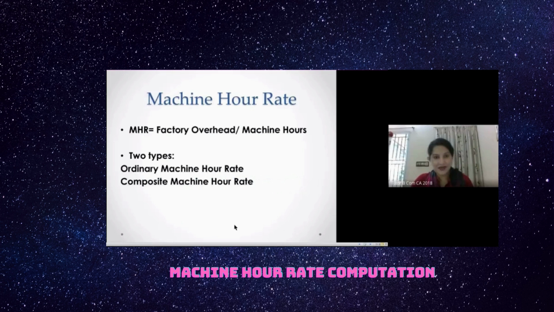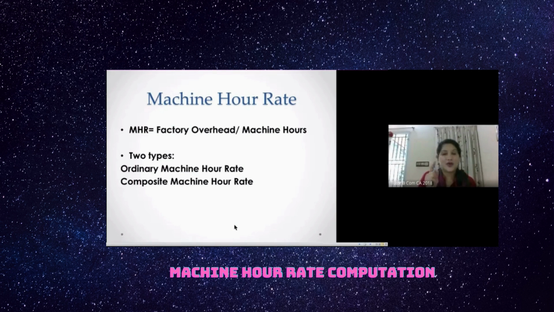Now, machine hour rate, in simple terms, it's nothing but the total overhead expense, factory overhead, divided by machine hours. It is the cost involved in using a machine, or the expenses connected with working of machine per hour. Per hour.